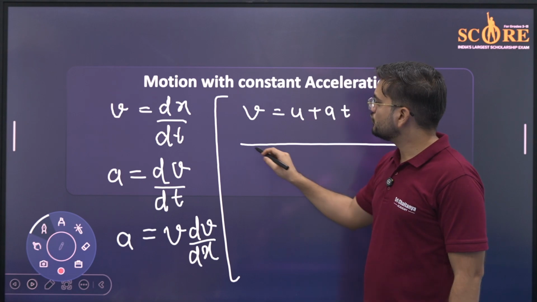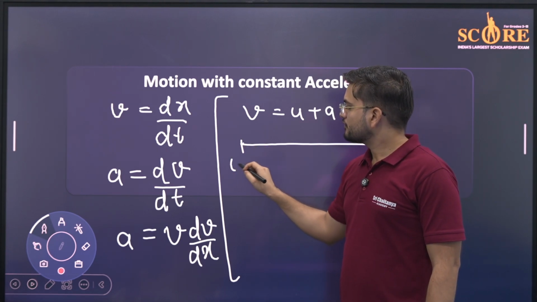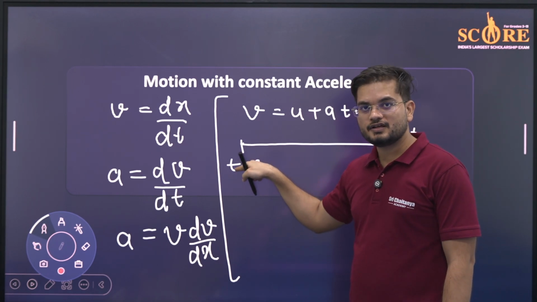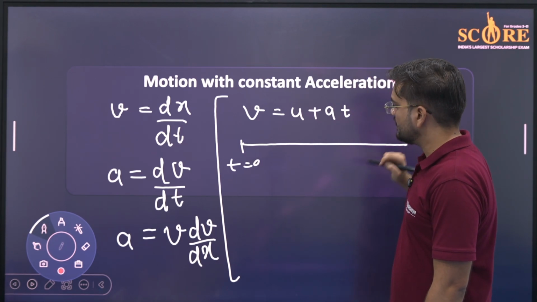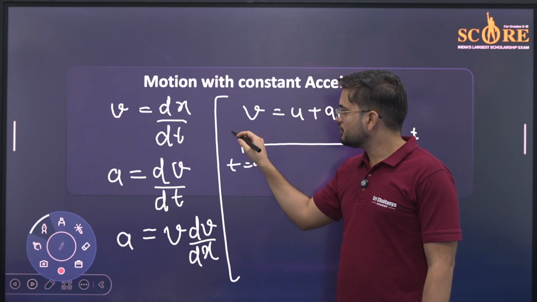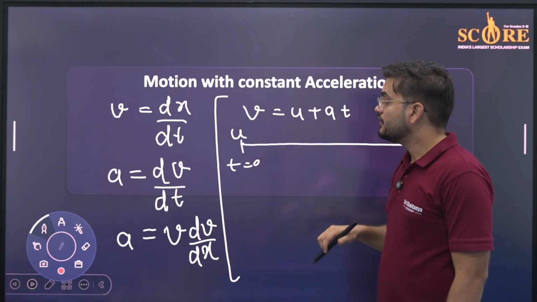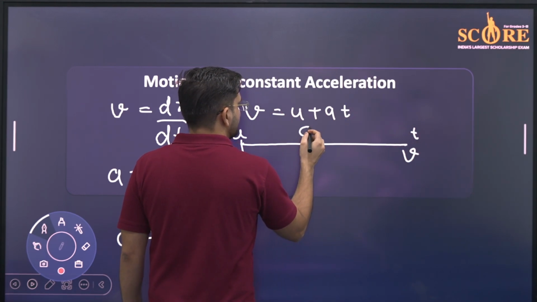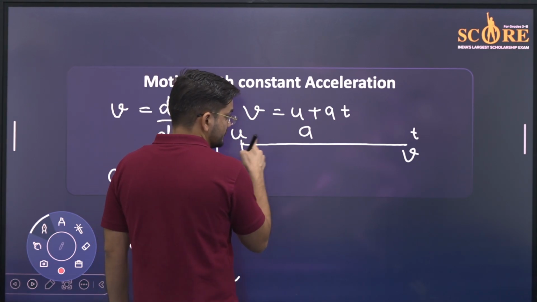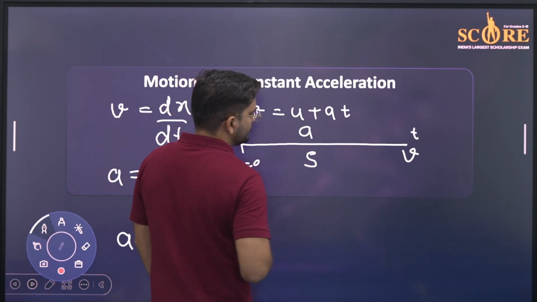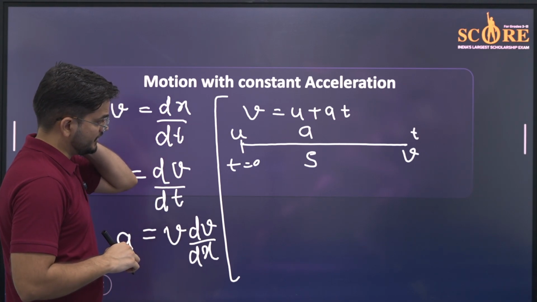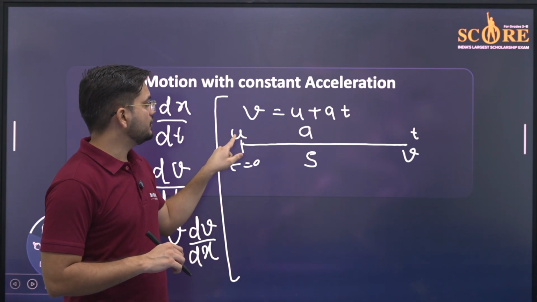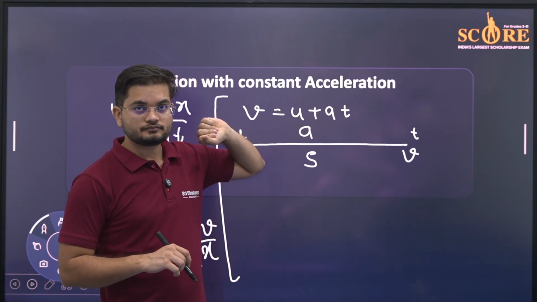What is v, u, a and t? If a particle moves in a straight line, here it is initial point, here it is final point. Initial means t equal to 0, final means at time t. Velocity at t equal to 0 is defined by u, velocity at time t is defined by small v, and acceleration of the particle is small a, displacement from initial point to final position is s, then v will be defined by v equal to u plus at.